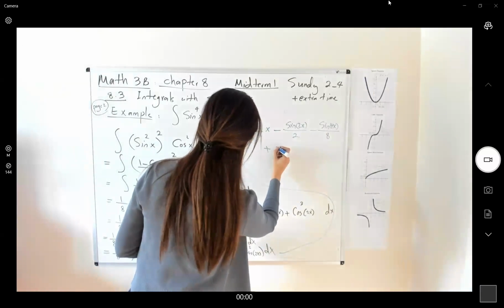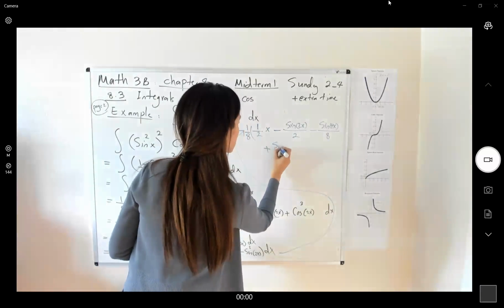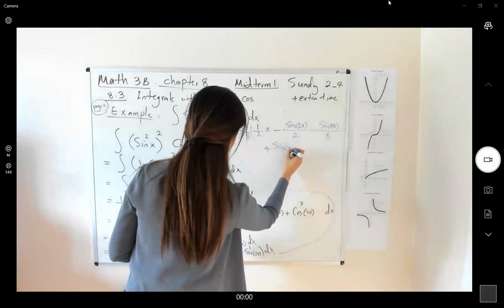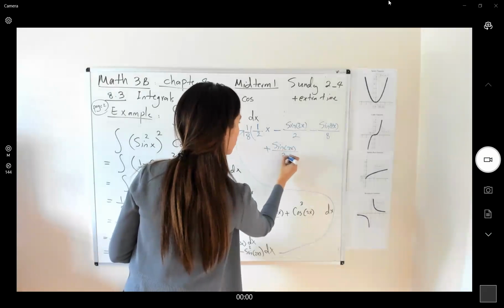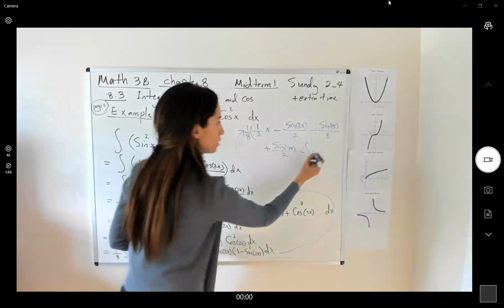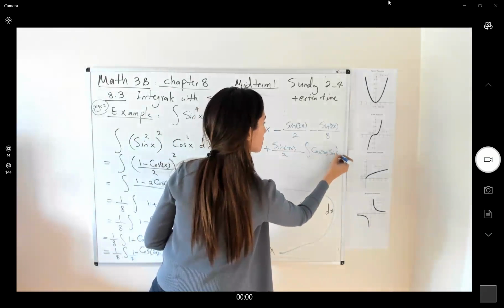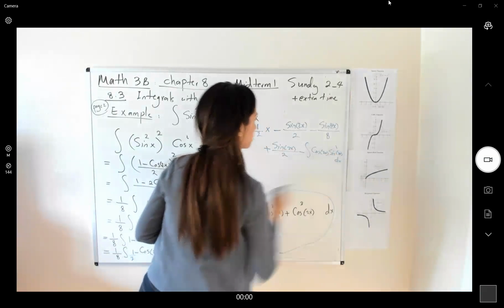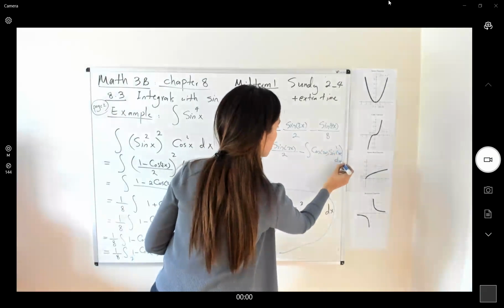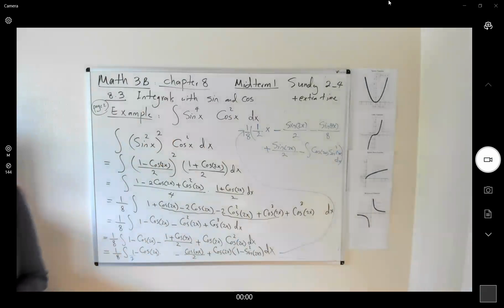Sine 2x divided by 2 minus the integral of cosine 2x sine squared 2x dx. And this one is inside parentheses.